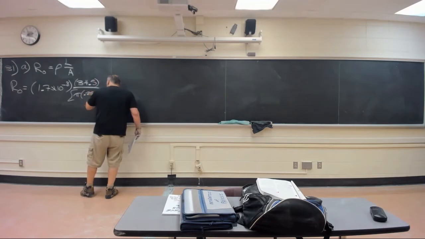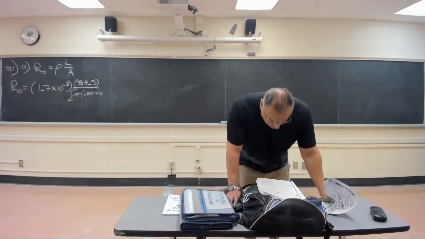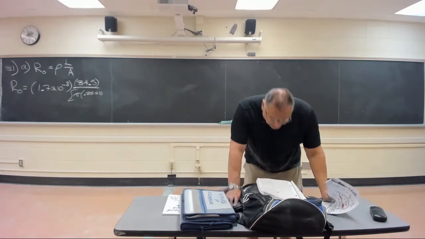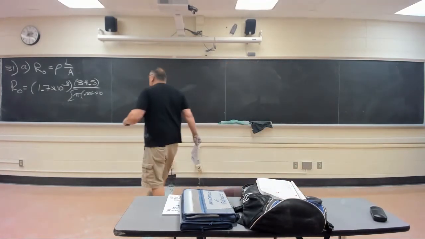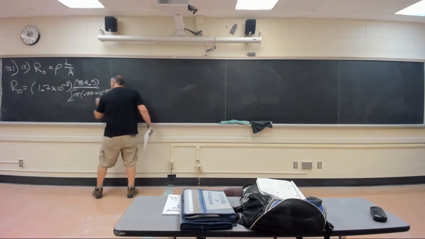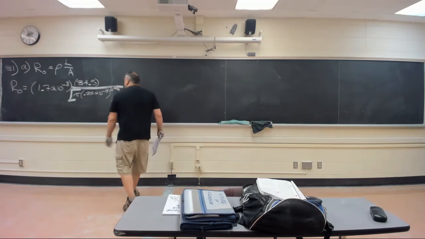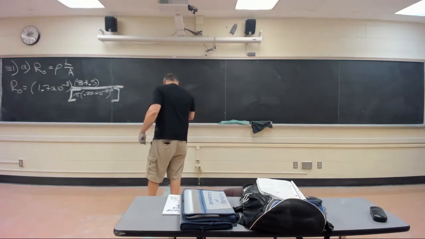0.25 times 10. Tell me that wasn't the diameter, because then I definitely did this wrong. That should be the radius, and it is the radius. 0.25 millimeters is 0.25 times 10 to the negative 3 meters. We got this.